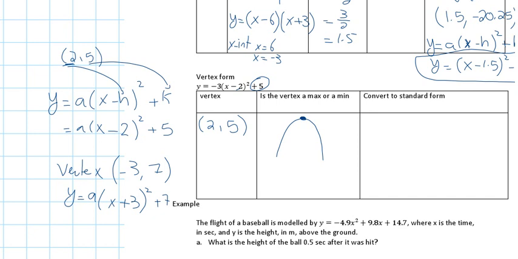Look at this point. Is it on top of the hill or on the bottom? Top of the hill. So that's a maximum. If it opens down, it's a max, because you're going to reach a maximum point, then you're going to go back down.